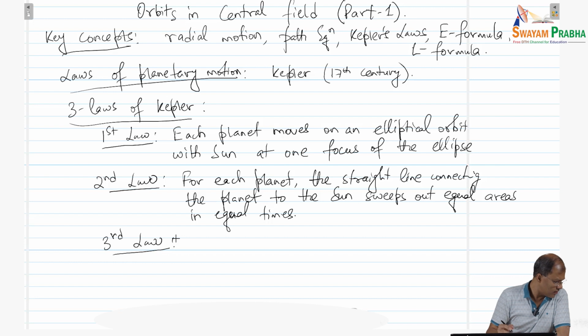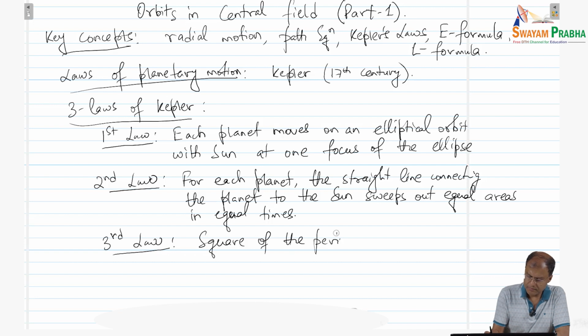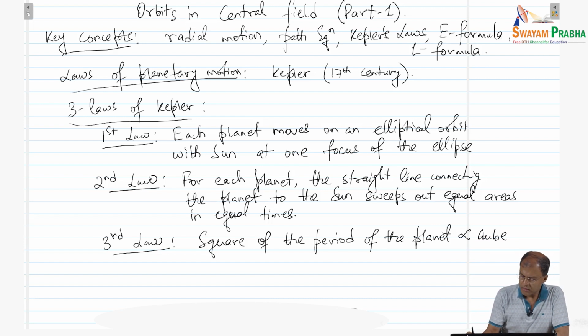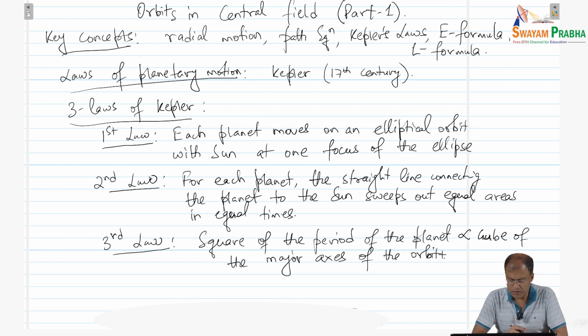Namely, the third law says the square of the period of the planet is proportional to the cube of the major axis of the orbit. The square of the period of the planet is proportional to the cube of the major axis of the orbit.